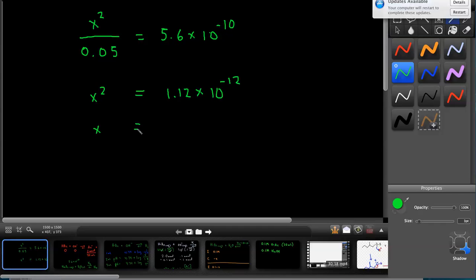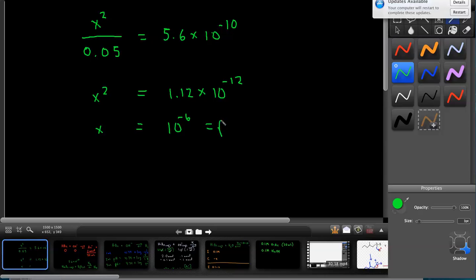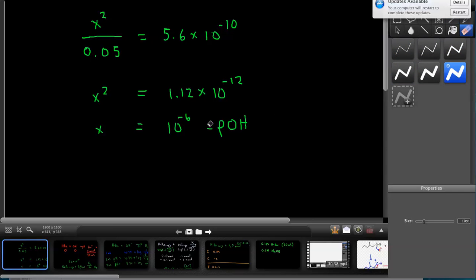Now, if we're interested in just approximating, that's about 10 to the minus 6, which would equal the pOH. Excuse me, when I take the negative log of 10 to the minus 6, that would equal the pOH. Getting a little ahead of myself here.